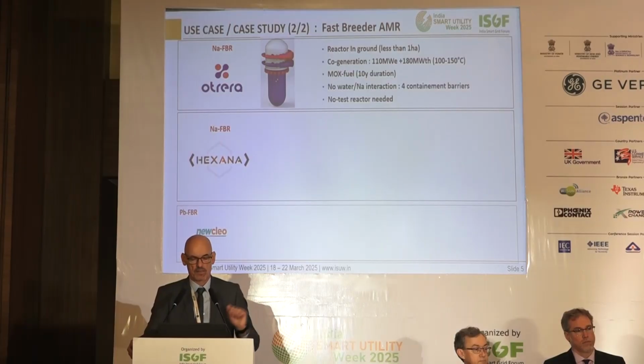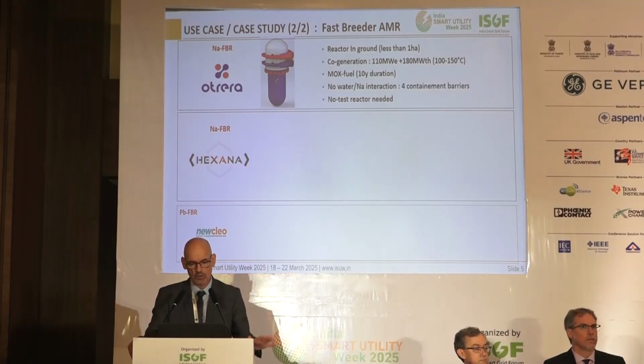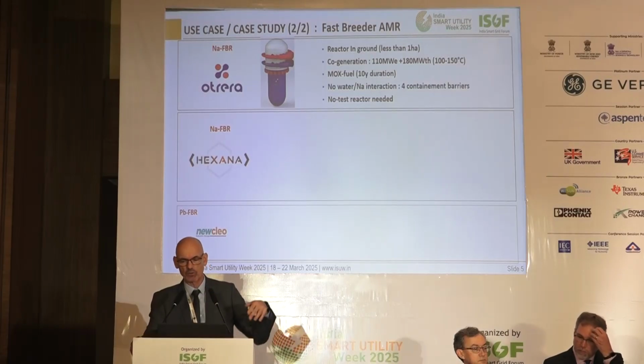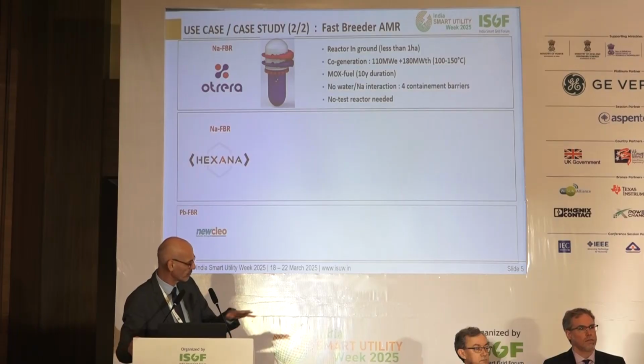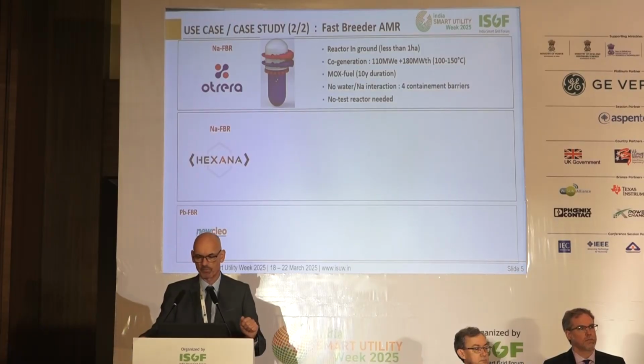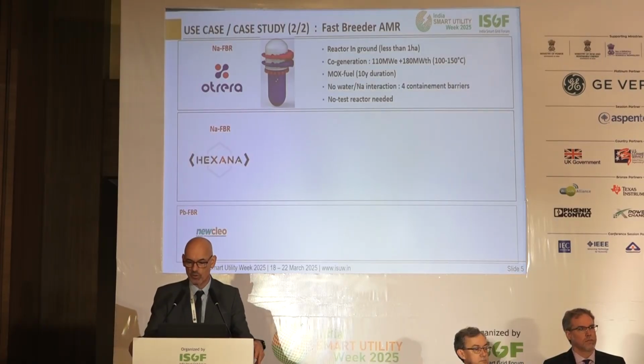So this will be the first prototype to be installed there. Some other study cases. These are the examples for fast breeder reactors. The first one is a sodium cooled fast breeder reactor called Otrera. The interest of this one is that it's a reactor in ground, so it will need less than 1 hectare of ground. It's a cogeneration project, electricity and thermal.